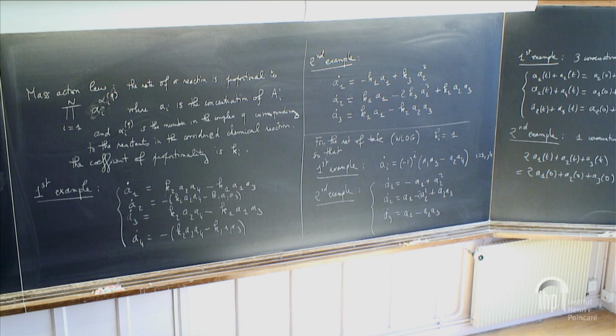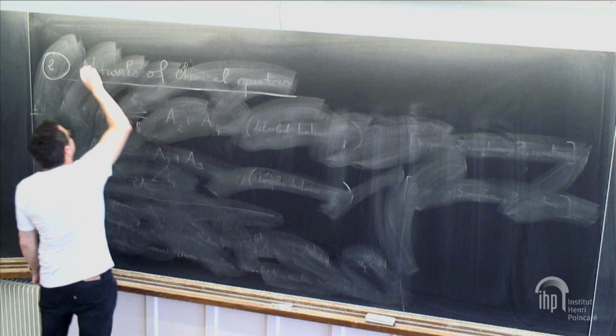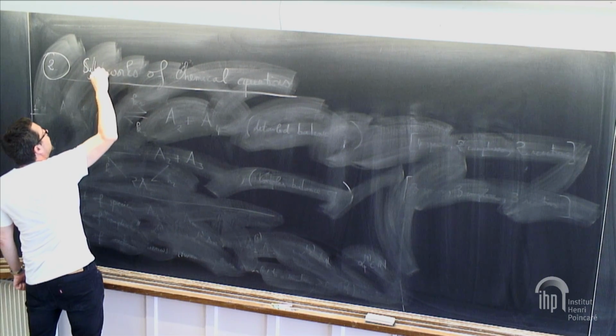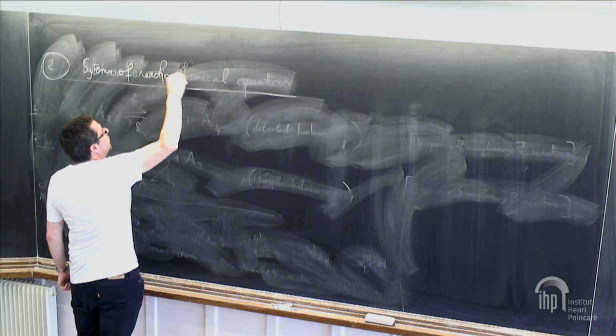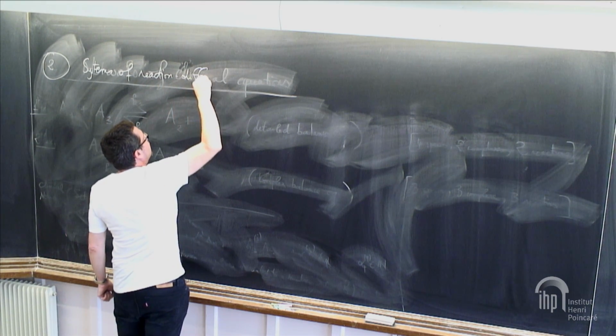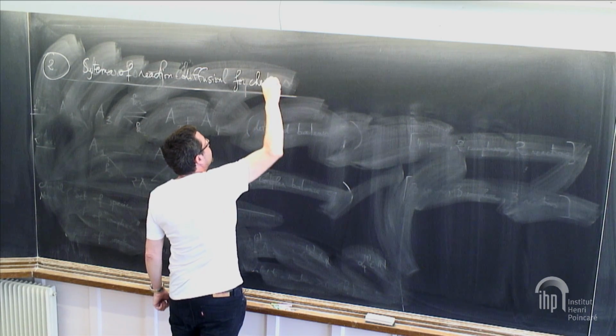Okay, so let's now write down the systems of reaction diffusion for chemical networks.